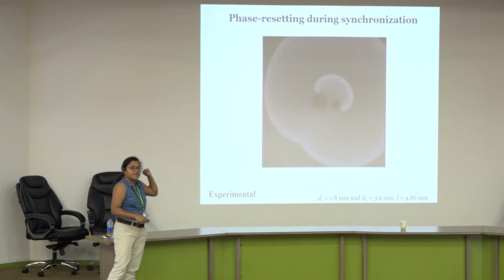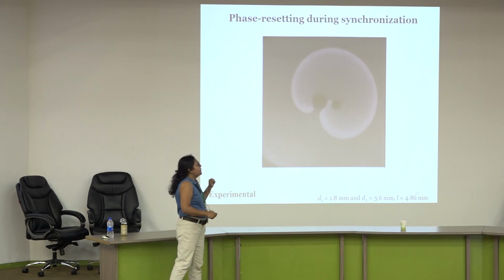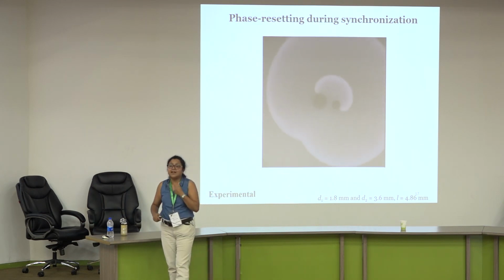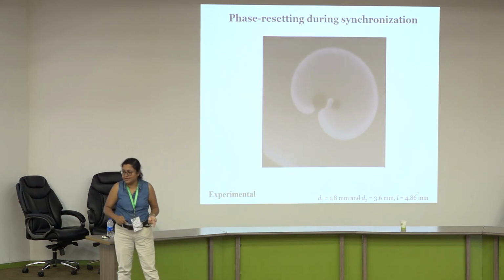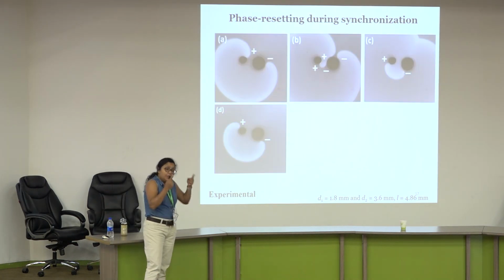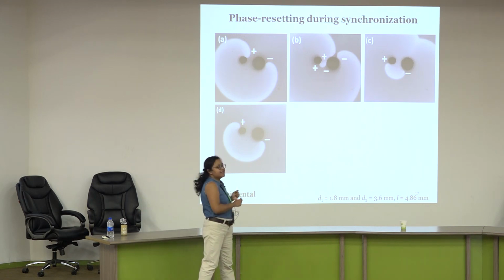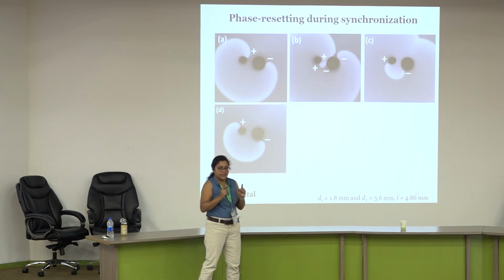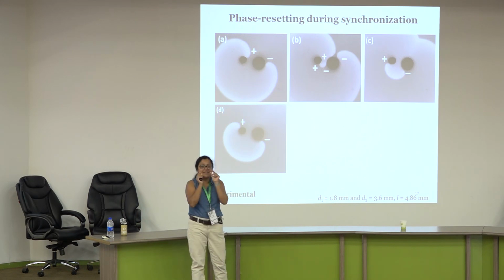There are two very interesting phenomena which we come across here. One is the phase resetting dynamics, and I will show you the other in the next one. Maybe this is something you can understand. During one rotation period, you can see we began with a plus and a minus singularity. But there is a small window within one period where we end up with two pluses and two minuses.